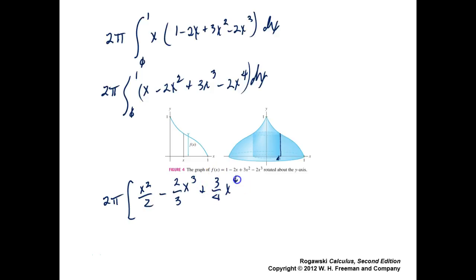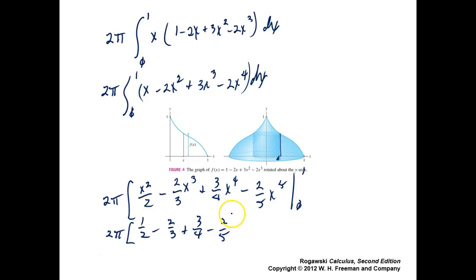Plus 3/4 x to the fourth, minus 2/5 x to the fifth. Evaluate that from 0 to 1. This isn't too bad of an evaluation; the next part will be a little nasty, but this isn't bad. That'd be 2 pi times 1/2 minus 2/3 plus 3/4 minus 2/5. That was easy.